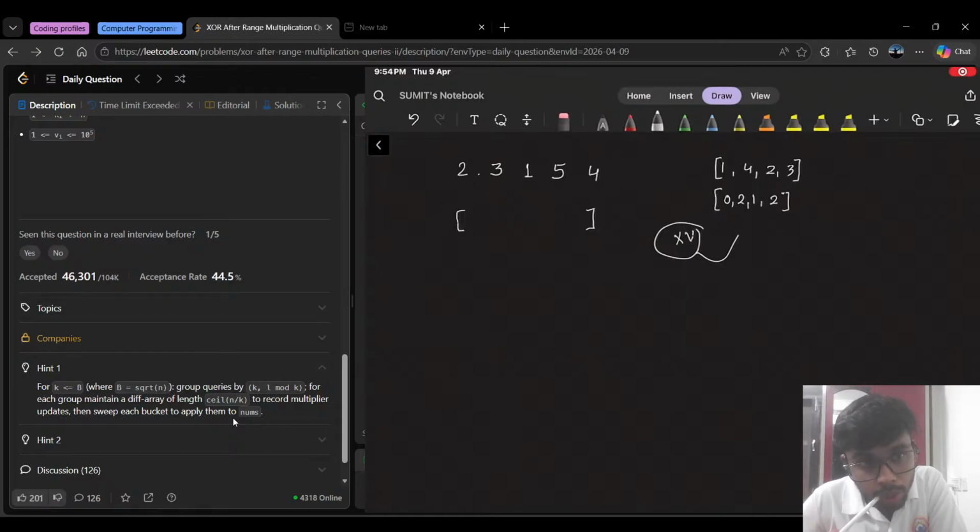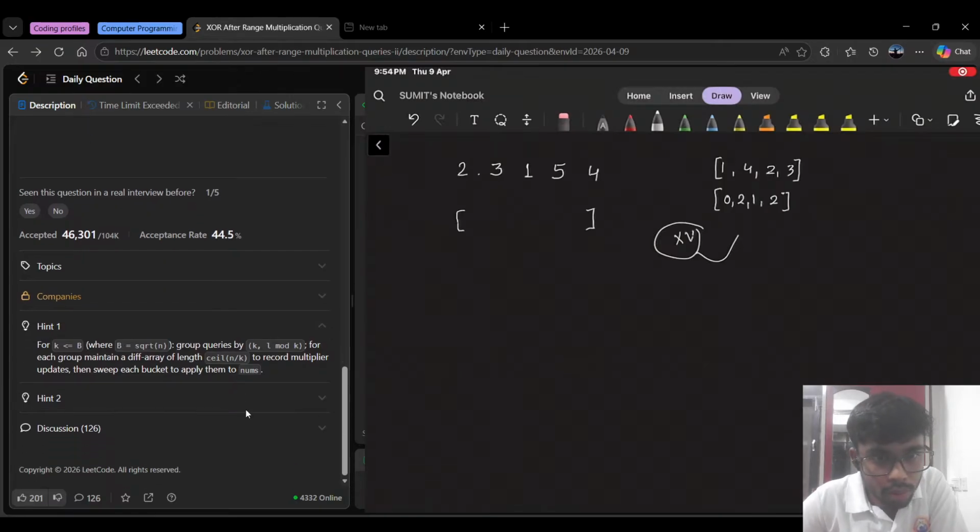For each group, maintain a difference array of length n by k to record multiplier updates, then sweep each bucket to apply them to nums. It seems complicated.